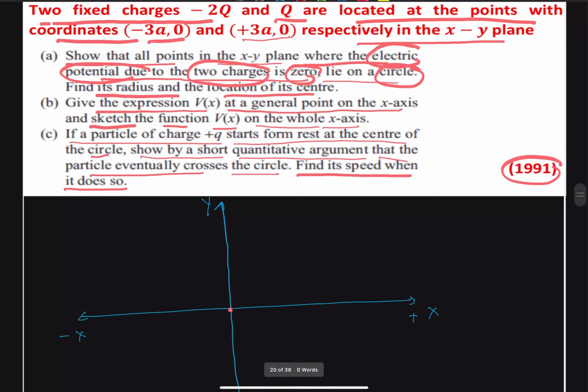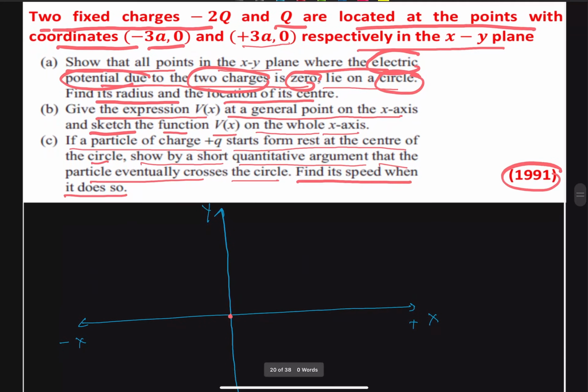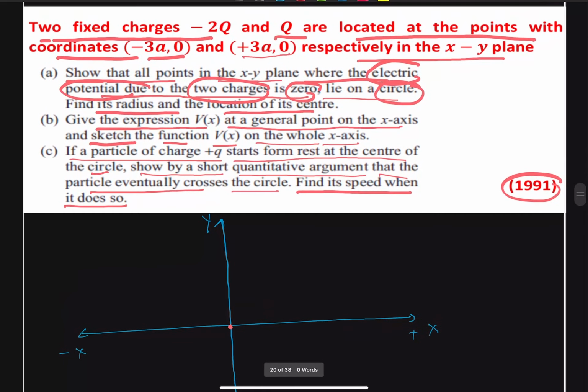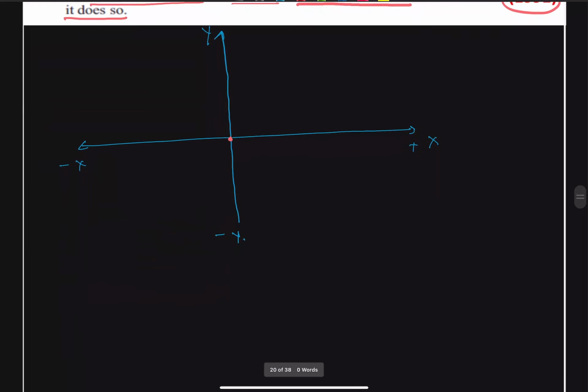So we have a charge of minus 2q at minus 3a, 0. This is minus 3a, 0, and here the charge is minus 2q. Let us call this point A. And the other point, let us call point B. It is given as plus 3a and 0.